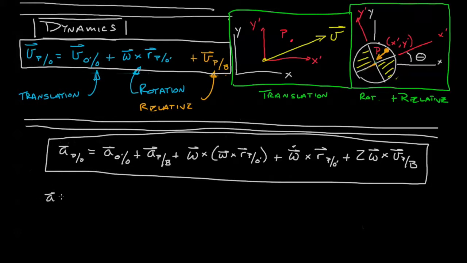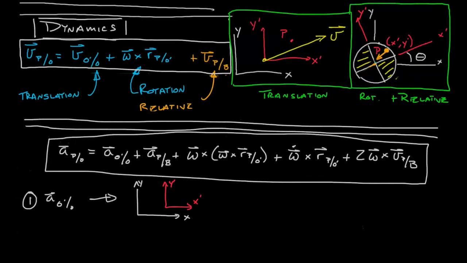First, acceleration of O prime with respect to O. This is simply the difference between the accelerations of the 2 coordinate frames. So here we have the original coordinate frame. We have y prime in red, x prime in red, the original coordinate frame, y and x.